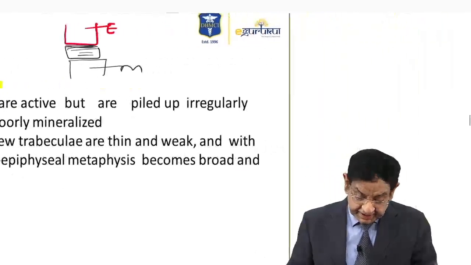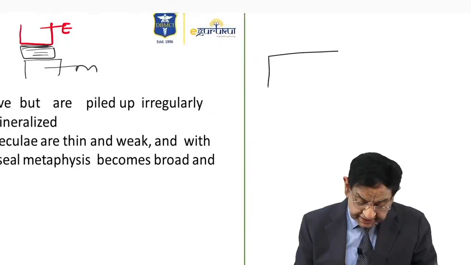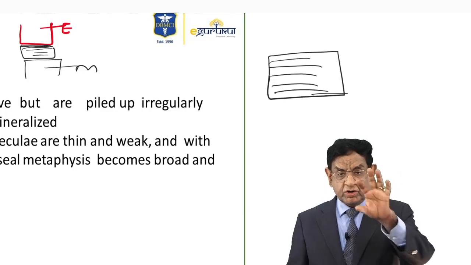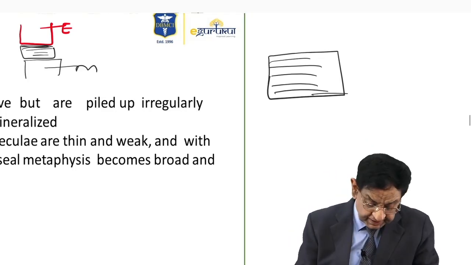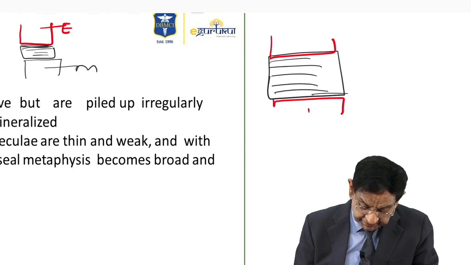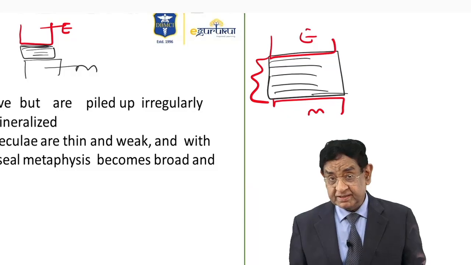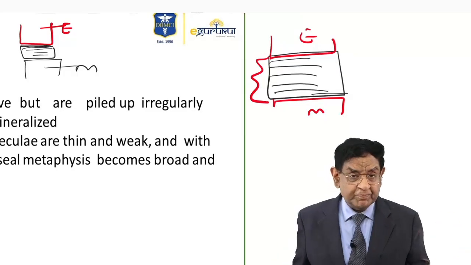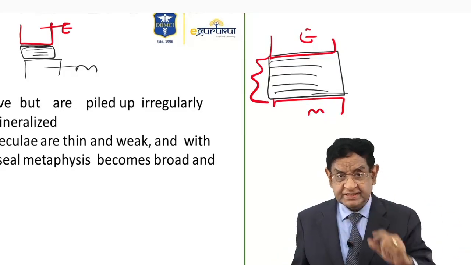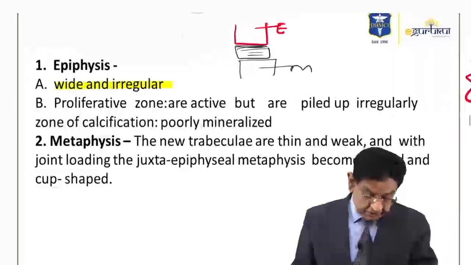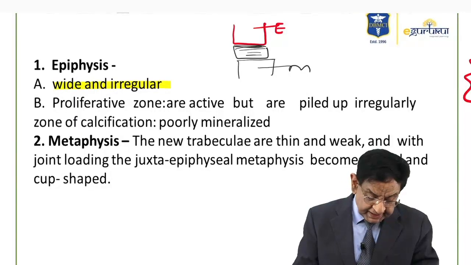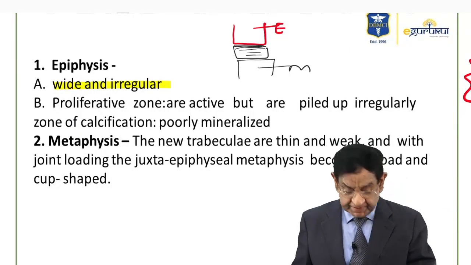Here it is constantly getting multiplied, but is not getting calcified. So here is the epiphysis and here is the metaphysis. So you are getting a wider growth plate. The division is normal. The problem is in the calcification, not in the division. So a wide and irregular type of epiphysis will be there.